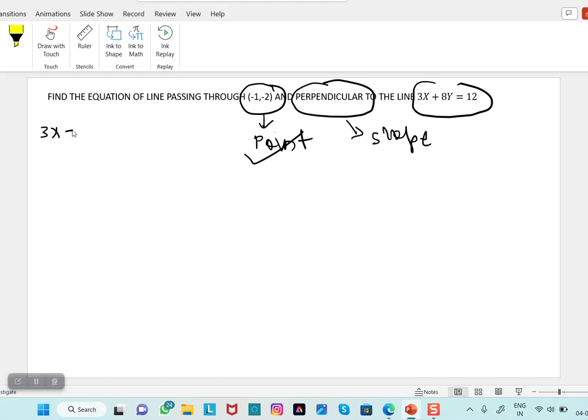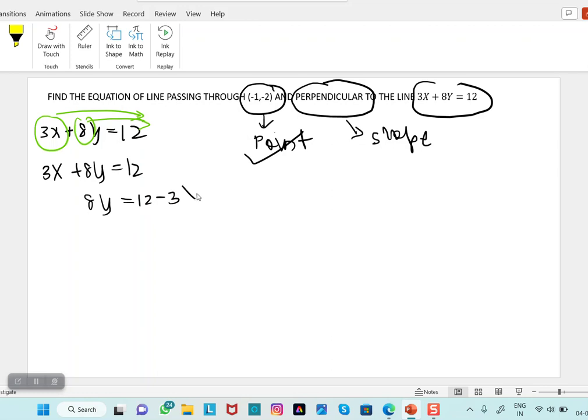For this we take the equation, and as discussed in the previous problem, we take this 3x that side, we also take this 8 that side. So we now start, when we have 3x plus 8y equals 12, when we take this 3x that side we get 12 minus 3x. Now in order to get rid of this 8, we take 12 minus 3x upon 8.